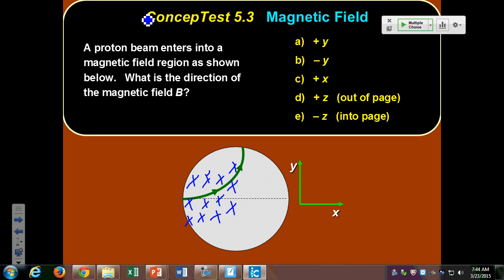So here I have a force that's up, but also notice that that force changes direction. Here my force is up, but here the force is in this direction, and this direction, and this direction. So that force changes, but at all times it's perpendicular to both the velocity vector and the magnetic field. Because if you look, the velocity vector also changes, right? It's always an orthogonal, right-handed system.